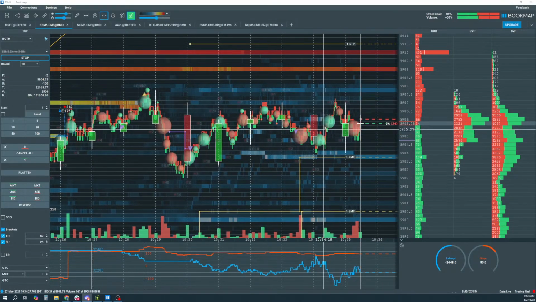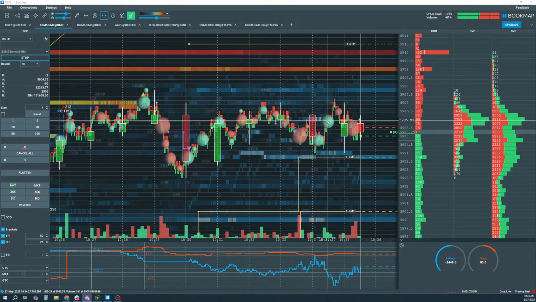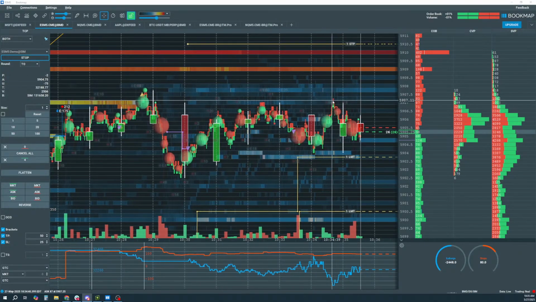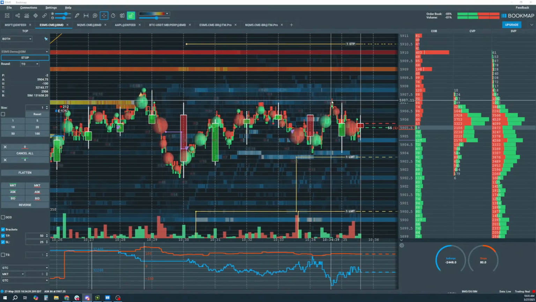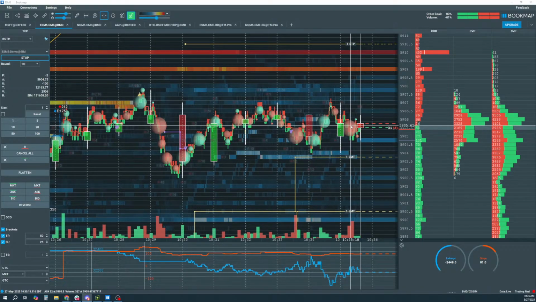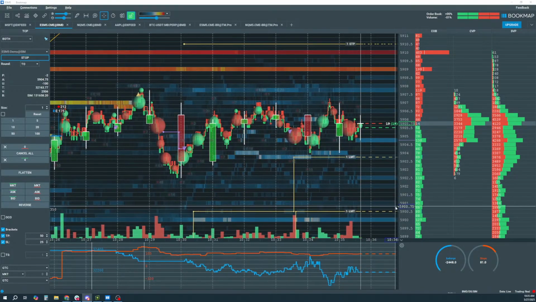Okay, well, this kind of attack here by the buyers was met with some exhaustion again here. Okay, and again, more selling in here. Now, we're not out of the woods yet.